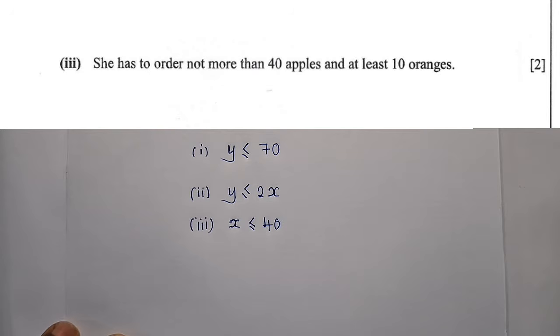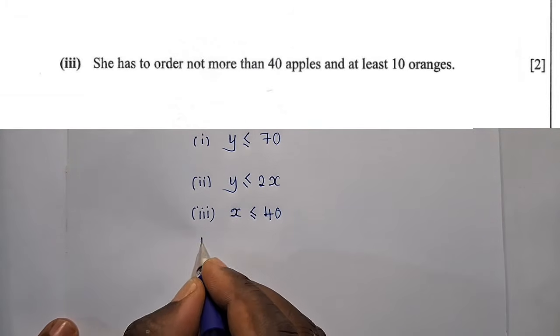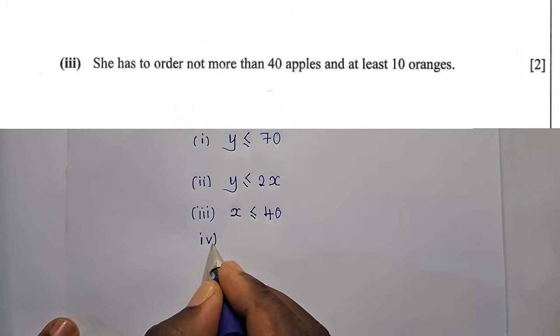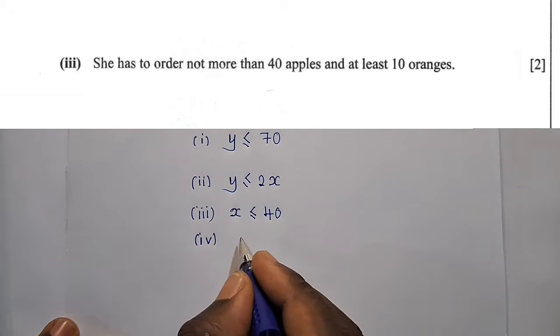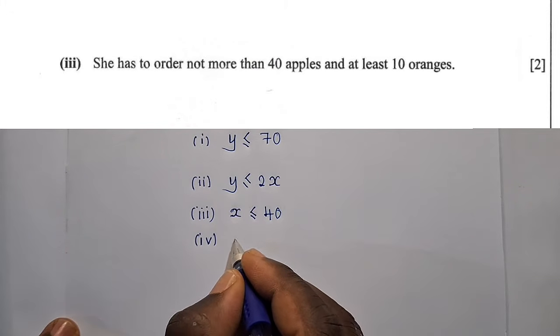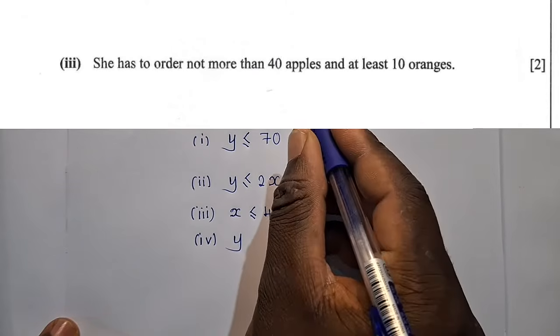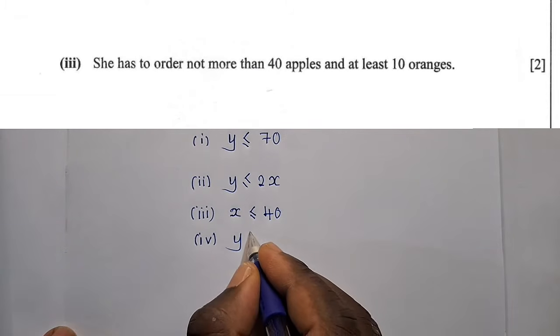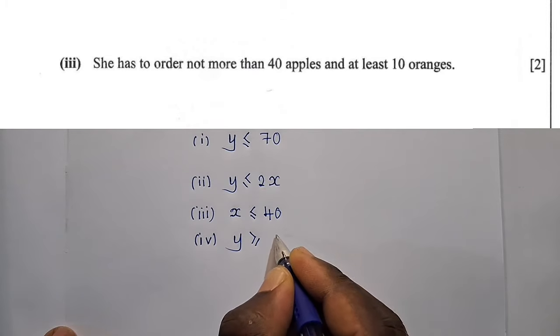It's the same as not exceeding. And at least, that's inequality number 4. At least 10 oranges. So that is Y, which is for oranges. At least means greater than or equal to, according to what we discussed.